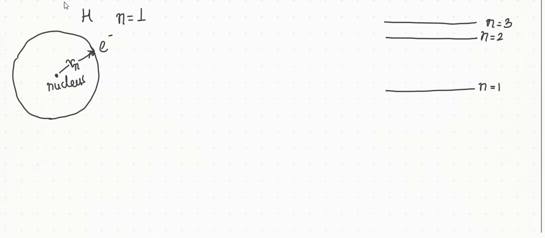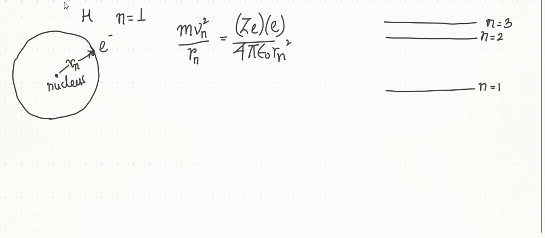Now if it is the nth orbit, and in this nth orbit the electron is revolving around the nucleus, then the revolution-making force, the centrifugal force m vn square by rn, should be equal to the electrostatic attraction force between the nucleus and the electron, Z e square by 4 pi epsilon 0 rn square. Since it is hydrogen, we can discard Z because Z is 1 here.